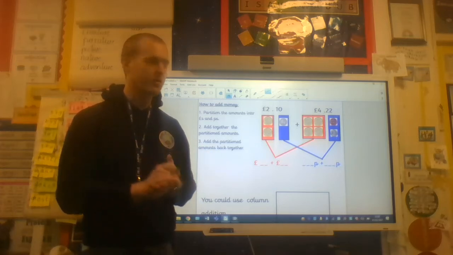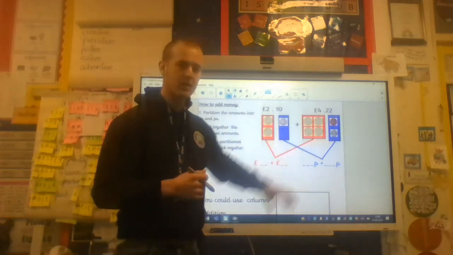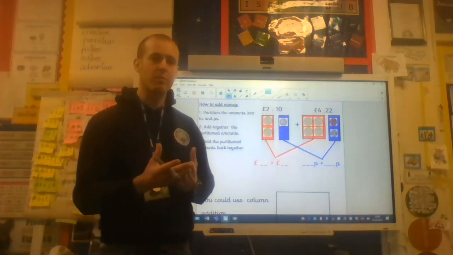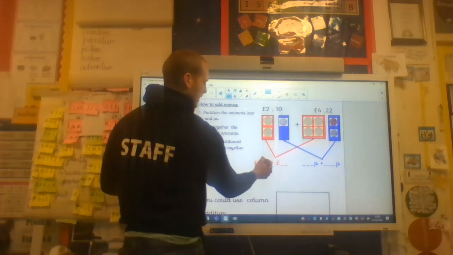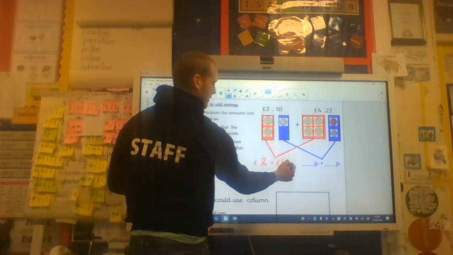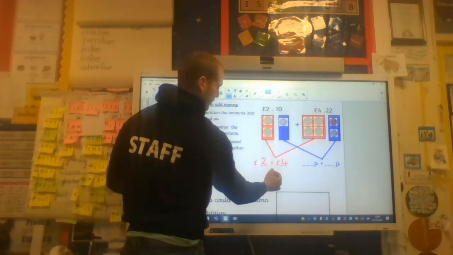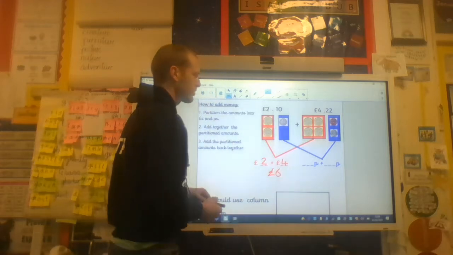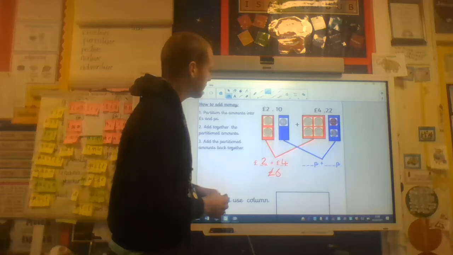Let's look at pounds first. I've got £2 here and £4 here. I've partitioned the numbers into pounds and pence. £2, add £4. Okay, and that will total £6.